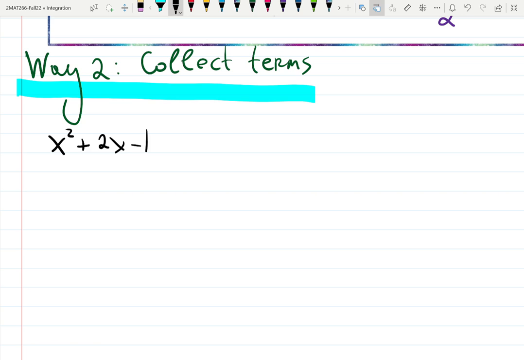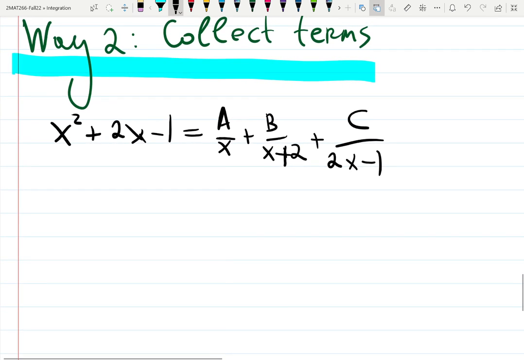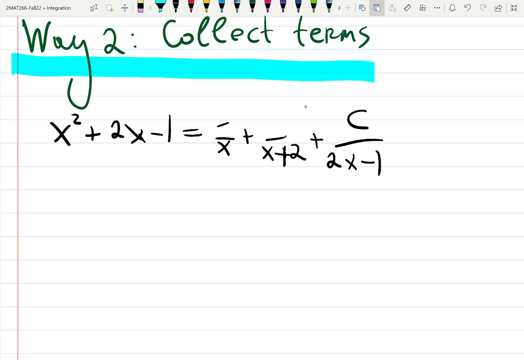x squared plus 2x minus 1 equals a over x plus b over x plus 2 plus c over 2x minus 1. Let's assume we did not find a and b and c yet. No, that is not correct. This is not what we have. Yeah, I need the one with no fractions. That's the one. Sorry about that.